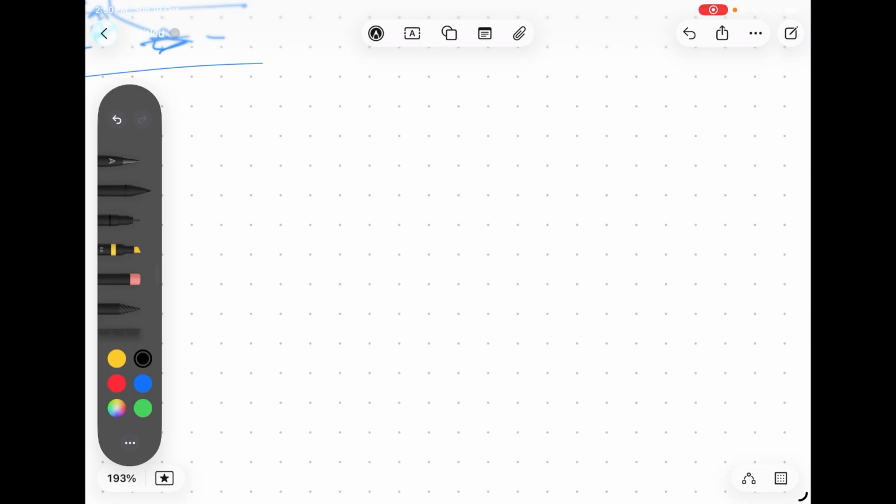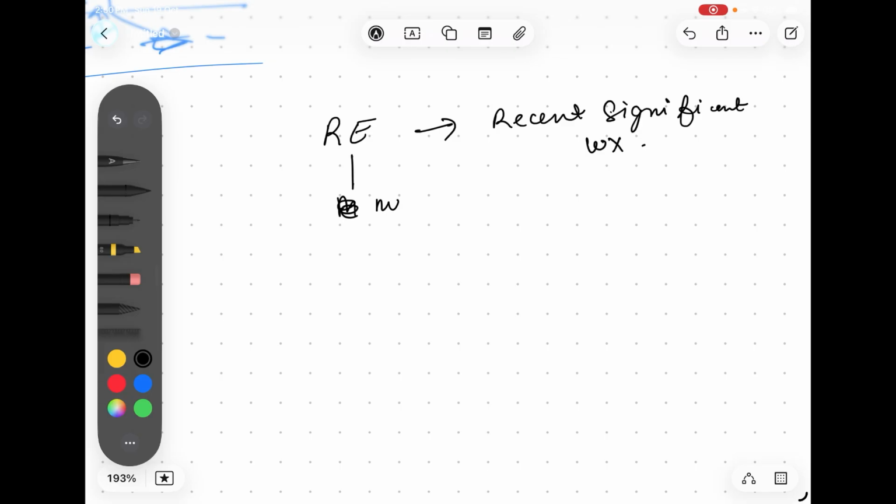So if there is any recent change, RE would be mentioned. If RE is mentioned, basically it is recent significant weather. If RE is mentioned, that means recent. This is very important.